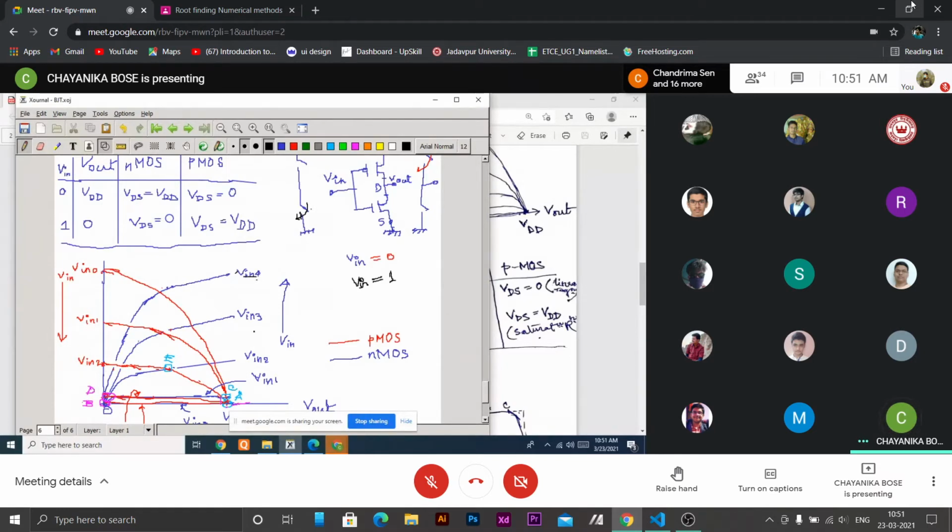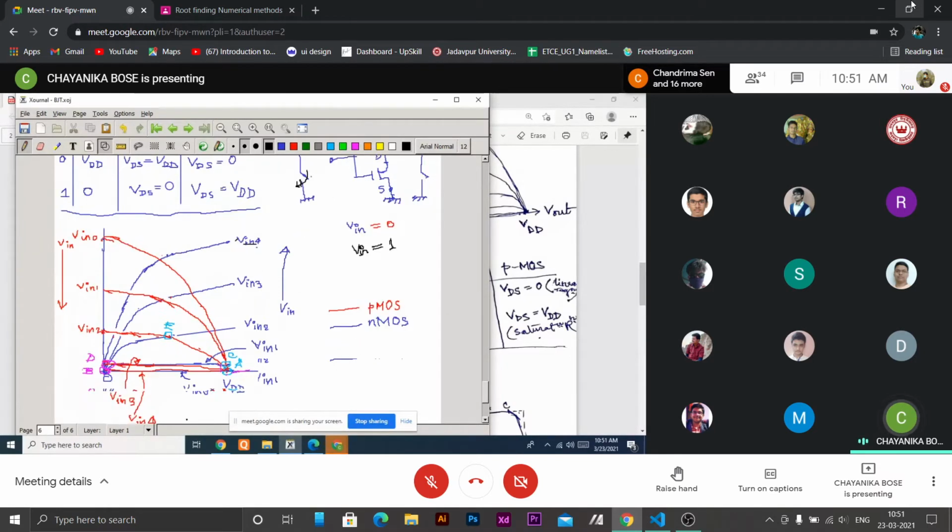At V input 0, the x-axis itself is the characteristic for NMOS. And for PMOS, V input 0 means the largest value of gate to source voltage. VGS will be minus VDD, gate voltage 0, source voltage VDD. So the gate voltage is the largest negative value. So this will be this one.